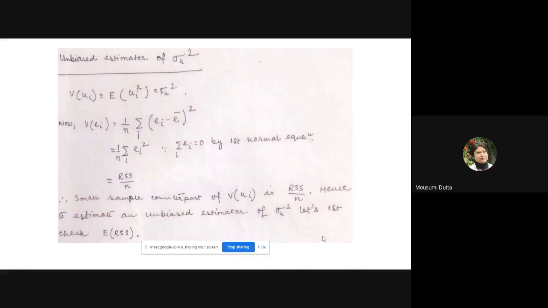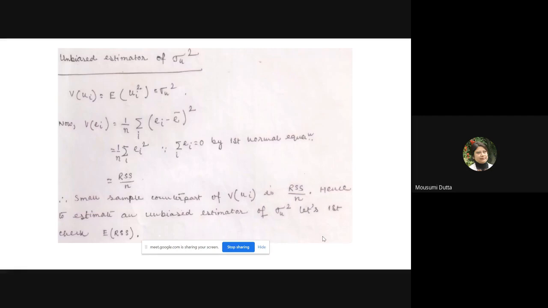And in due course, we need to check whether variance of ei is an unbiased estimator of variance of ui, or we need to modify it, or it will be something else. So we are defining variance of ei. You can use the standard formula because ei is not random at all. ui is random.